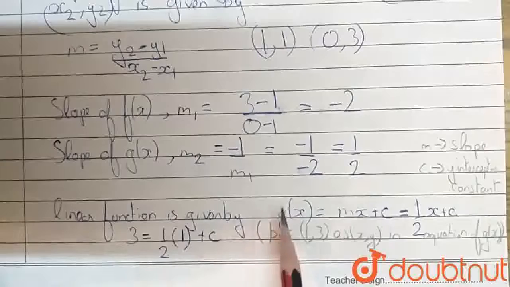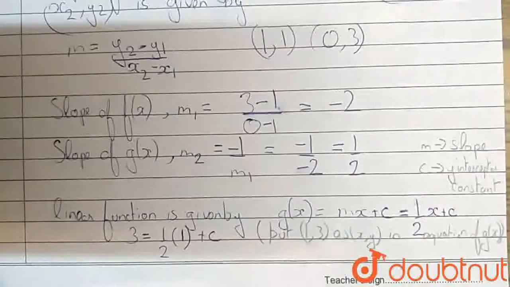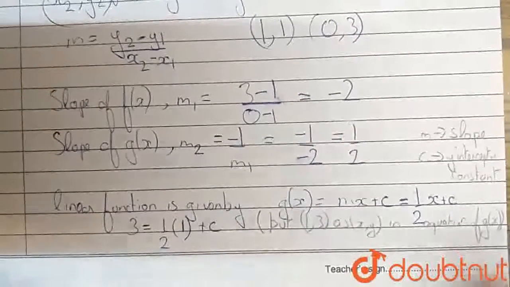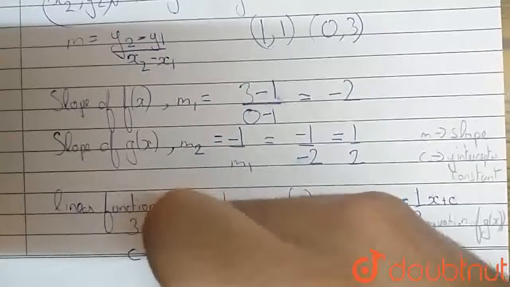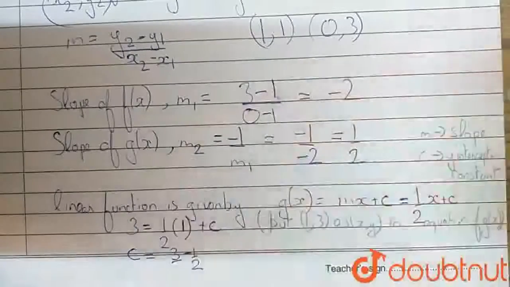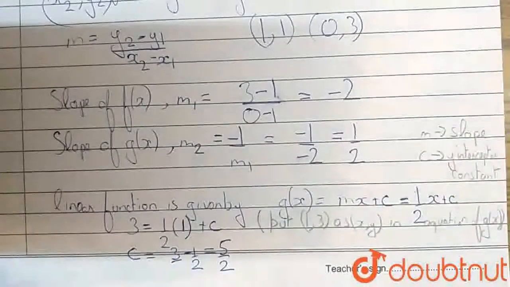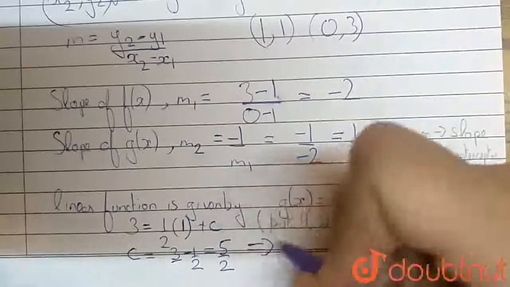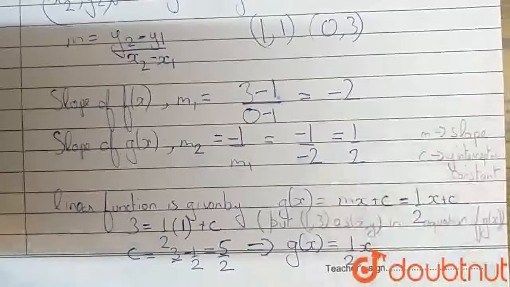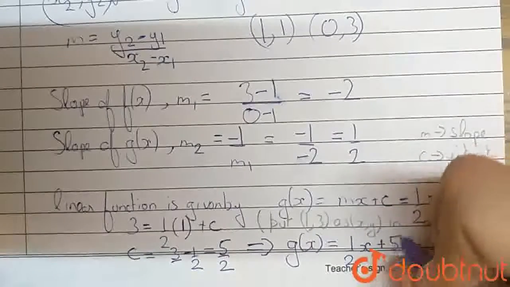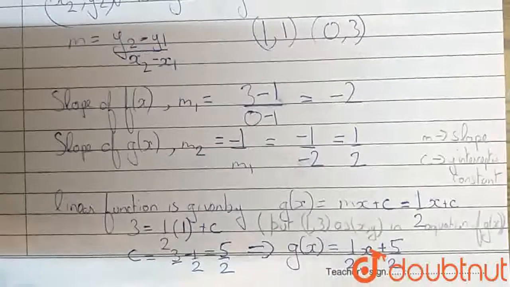I've just put 3 as g(x) and x as 1, since it was given as (1, 3). So now we can get that the c term is 3 minus 1 by 2, which is equal to 5 by 2. So hence g(x) is nothing but half x plus 5 by 2. So we have gotten the function g(x) finally.